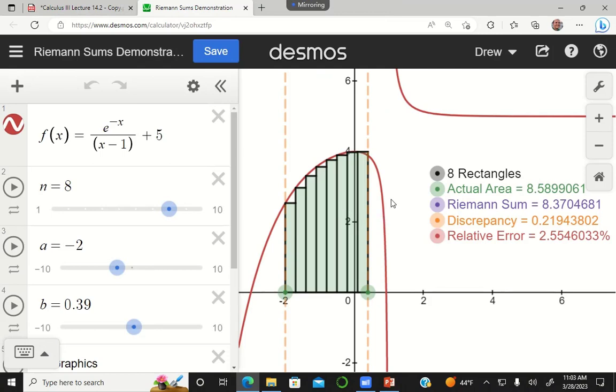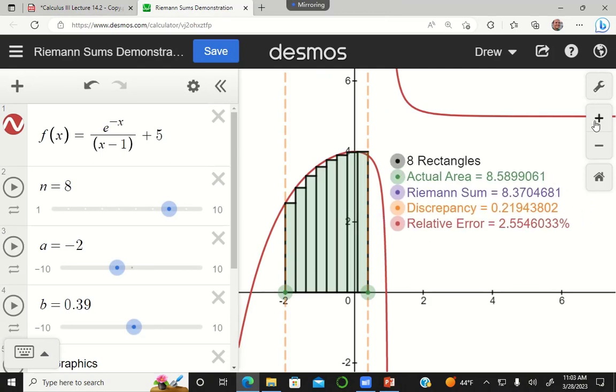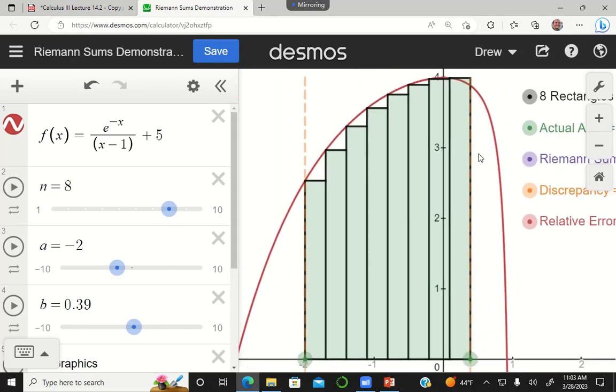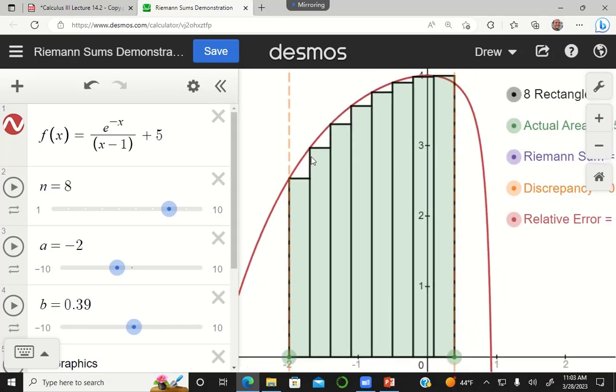So, this is my little Desmos demonstration. We've got this red curve, and in green are the rectangles you would make for a left-sided Riemann sum. And you notice that adding together the areas of the rectangles doesn't exactly give you the area under the curve, because there's some area in between the top of the rectangles and the curve.